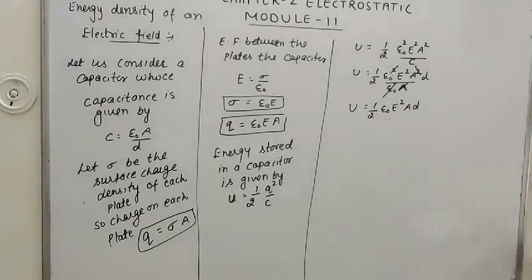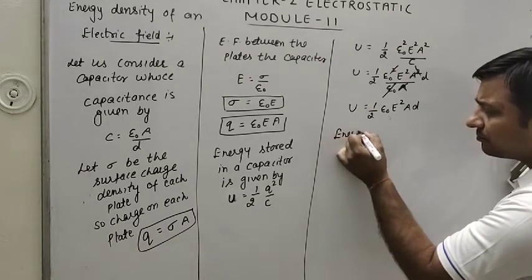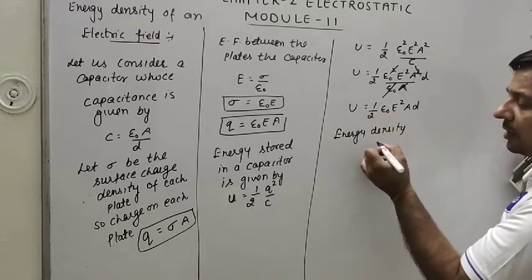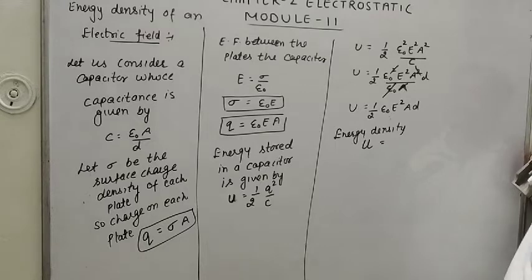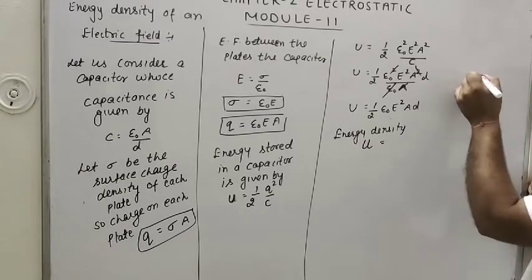This is the formula. Now we will find out energy density. Now I describe it symbolically. That is energy upon volume, but we know that volume is AD.